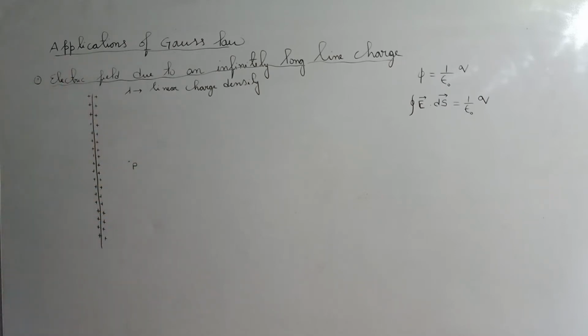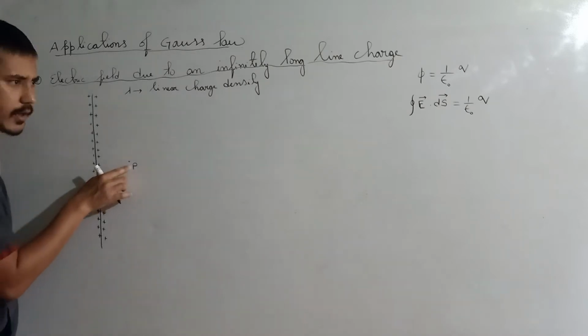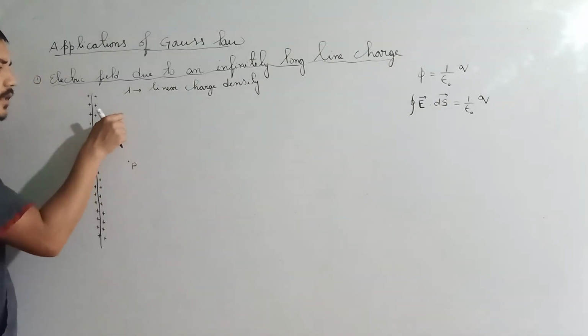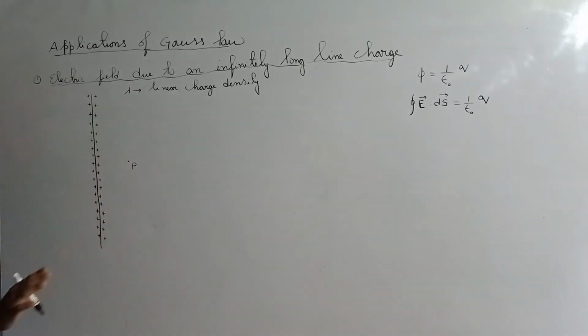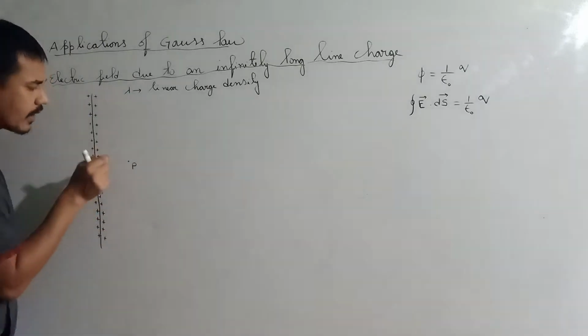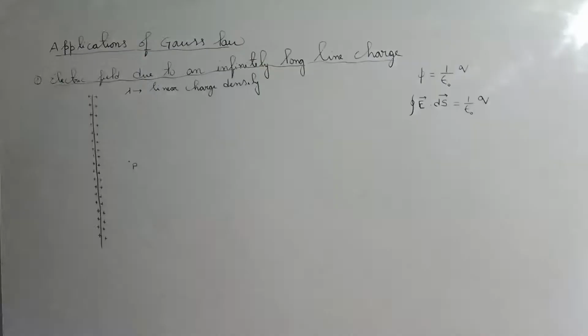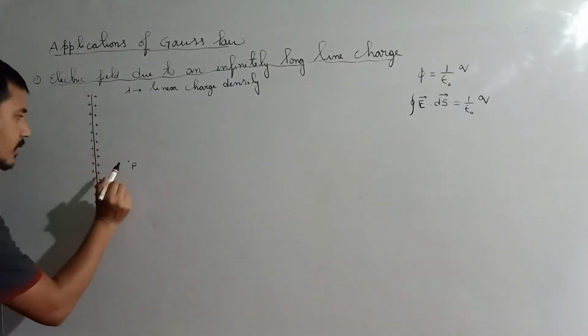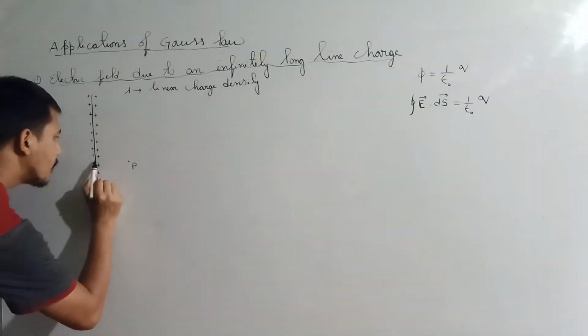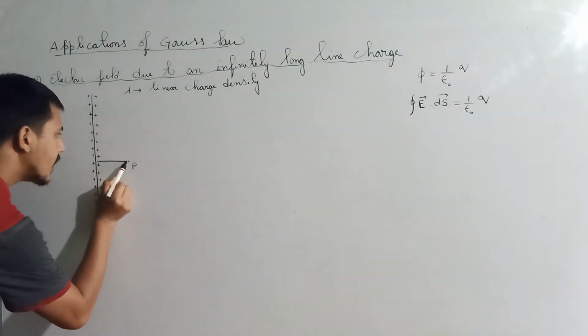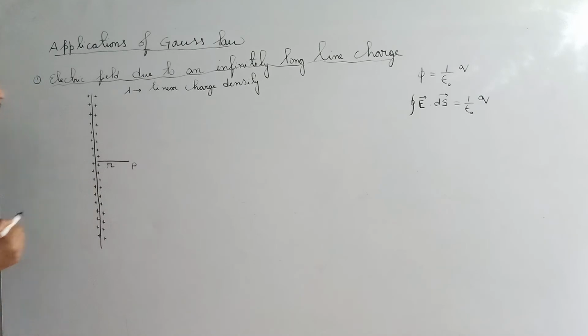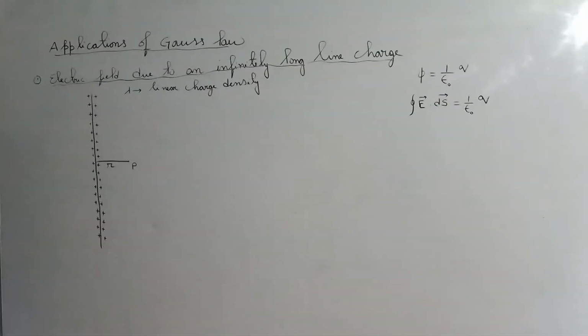Okay, so in that case we need to apply Gauss law over here. You can find out the electric field at any point around this line charge. I have chosen one such point P. So in order to find the electric field at this point P, which is at a distance r from the line charge, is it okay?